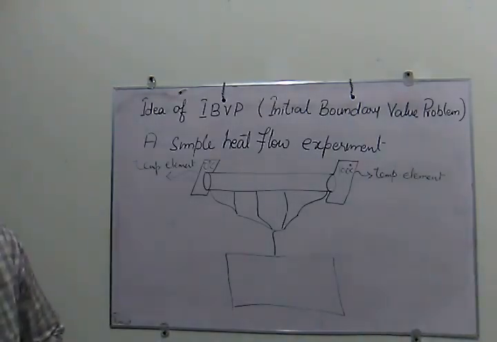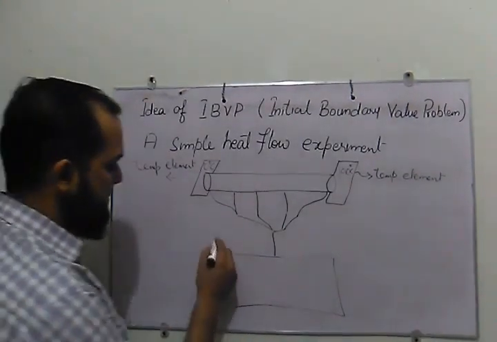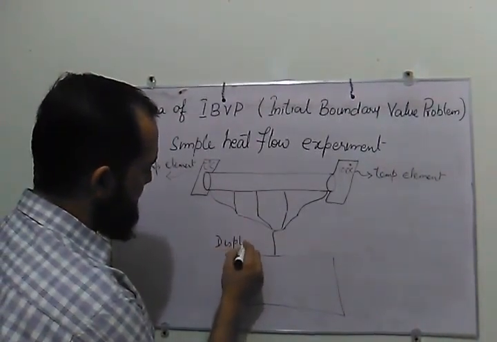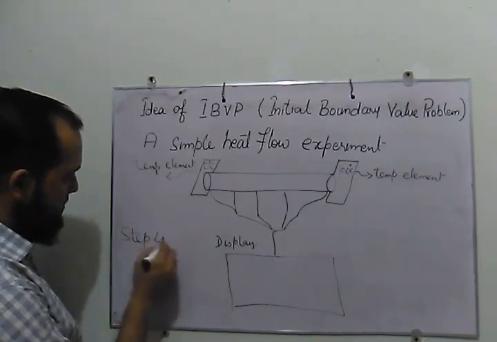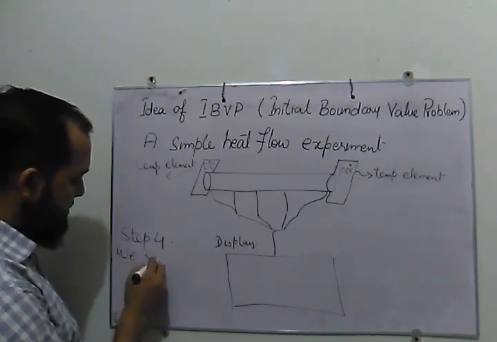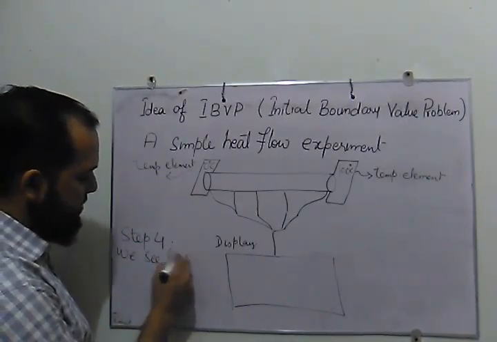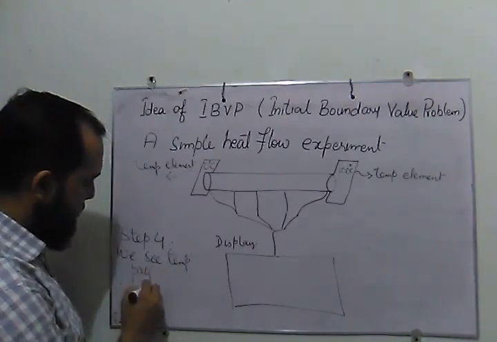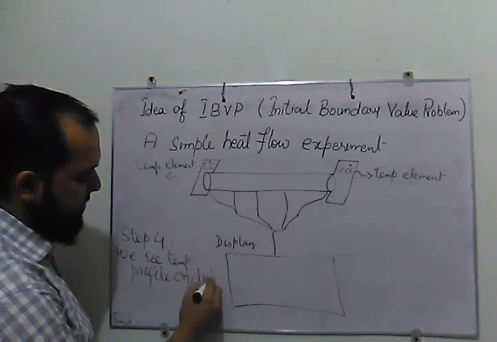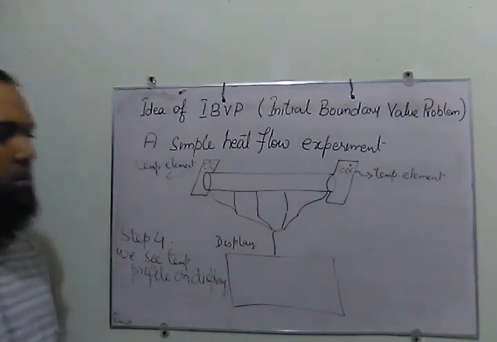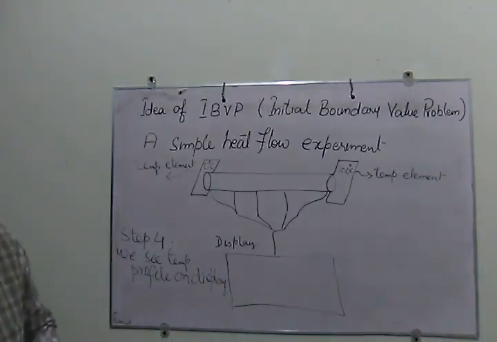So in step 4, we monitor the temperature profile of the rod on some display. So this is the display, and this is step 4. We see the temperature profile on the display. So what is going on the display?